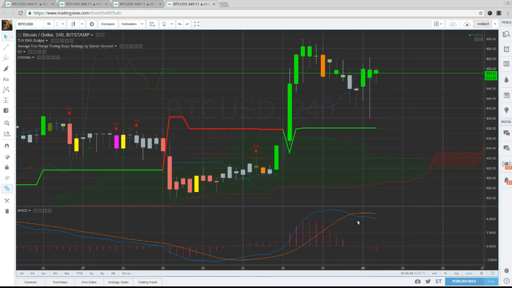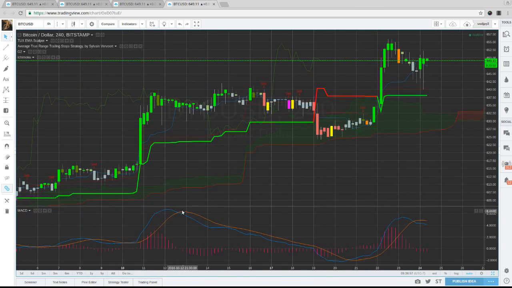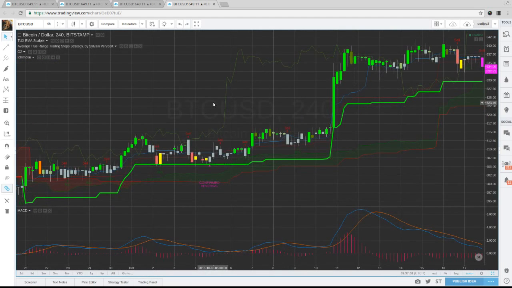Still looks nice. It's crossed. Should I sell? I don't know. Here, really nice cross. Gives me a good idea. Here, it crossed, but that was because of momentum. It slowed momentum, so the MACD crossed. But this wasn't really a sell, right? And it's the same with a lot of the other ones. So you might want to play around and see which one fits best for you.